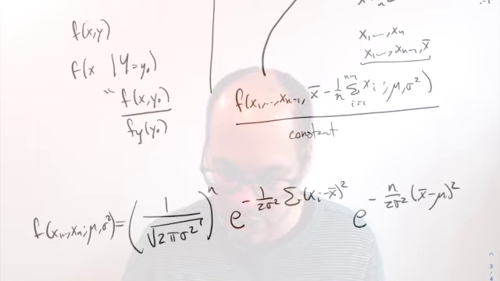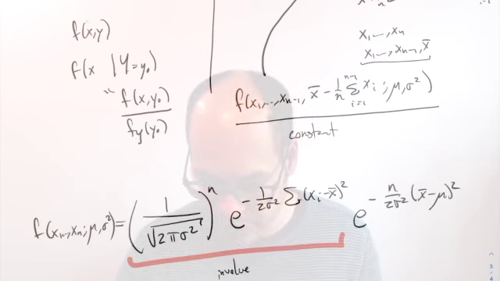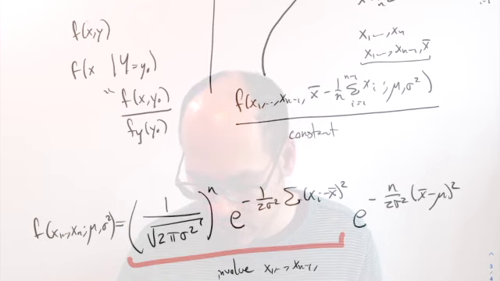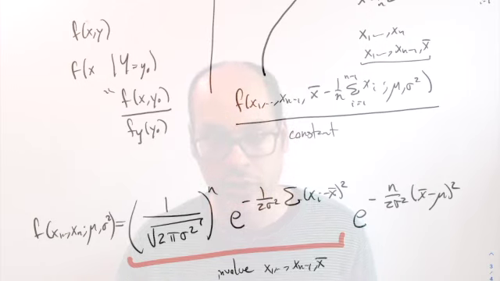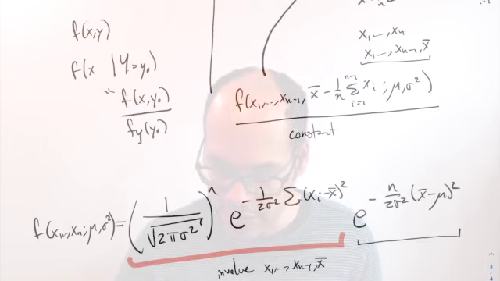So I'm going to plug in some values over here. So this piece is going to involve the x1 through xn minus 1 and x bar after I resubstitute for xn. And then I'm multiplying by this thing.